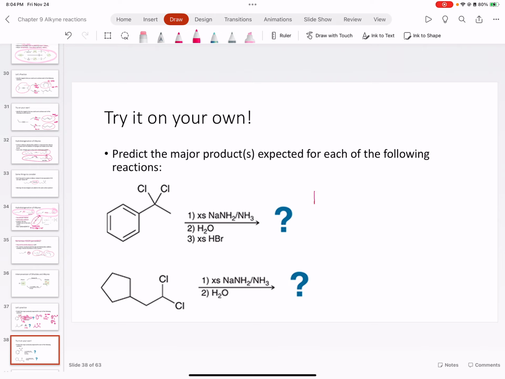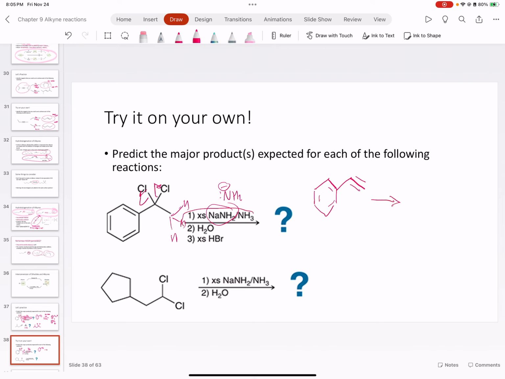Okay, let's see. It is nice to think about this one as a strong base, so it's going to take hydrogens from it. Therefore, it's going to leave, and then we're going to create a triple bond from that.